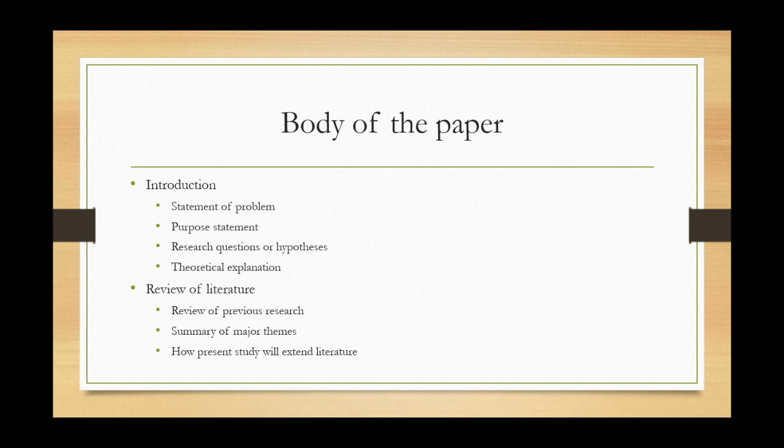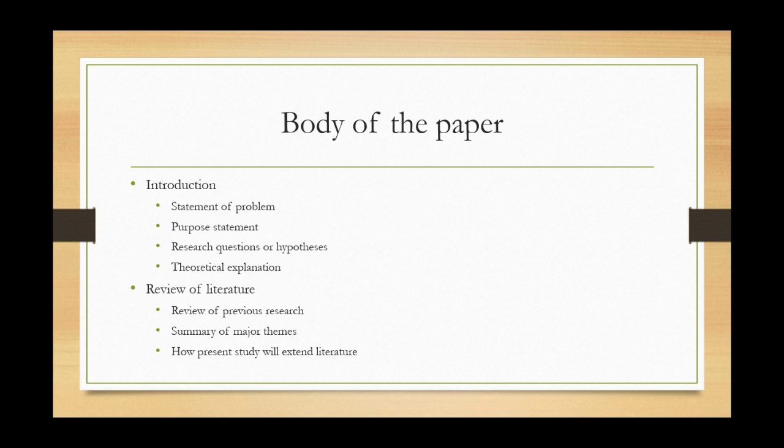And when we come to the review of the literature, what do you do when you review literature? How is it written? First of all, you write the review of the previous research. You have undergone a series of readings from previous studies, so you report those previous research. Then you give a summary of the major themes that you have identified while you are analyzing your qualitative or quantitative study, and normally these major themes represent your research objectives.